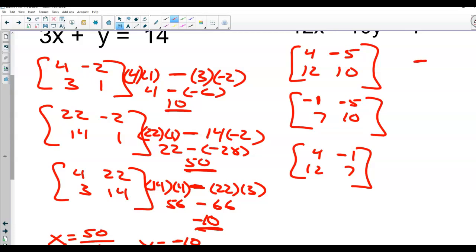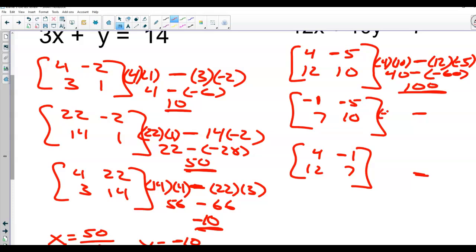I'm going to put my subtraction signs in. 4 times 10, 12 times negative 5. Now that's 40 minus a negative 60. So from a denominator standpoint, I'm going to get 100.